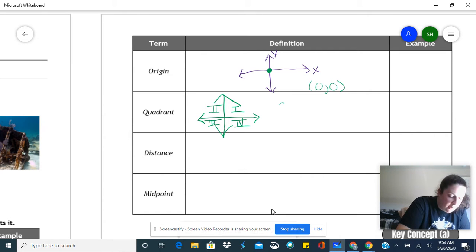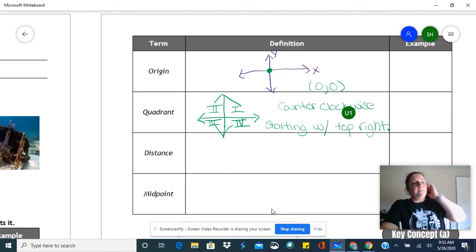So remember, they go counterclockwise, starting with top right.